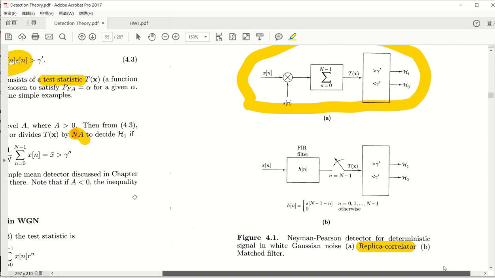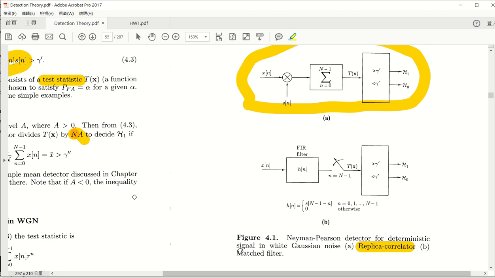So this is a sort of a filter version of it. So once you get this t, then things at the later part, that is simple. That is just like this. So you compare it with gamma prime, or if it's larger, then you get h1. If it's smaller, then you get h0.